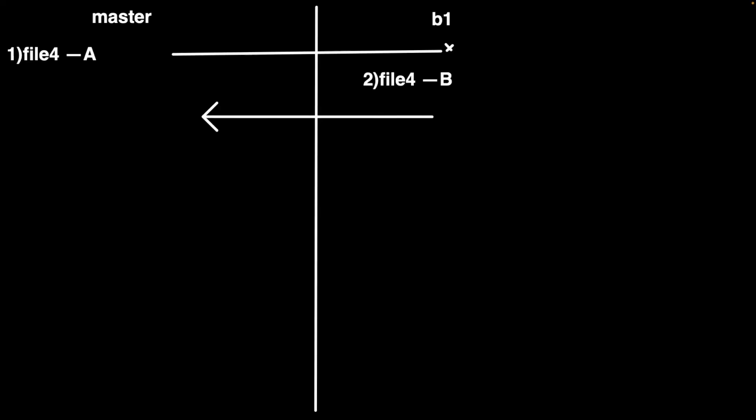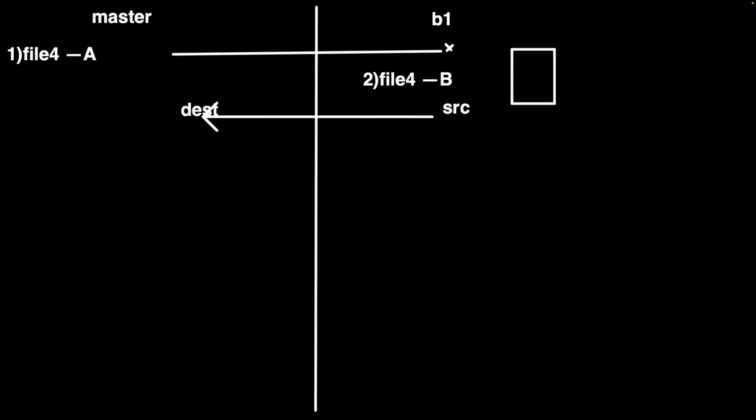Now, the third step is I'm trying to merge from B1 to master. Here B1 is the source branch and master is the destination branch. So I'm trying to bring the changes from B1 to master. Whenever you merge, the concept is that the commit history of B1 should come and sit into master.